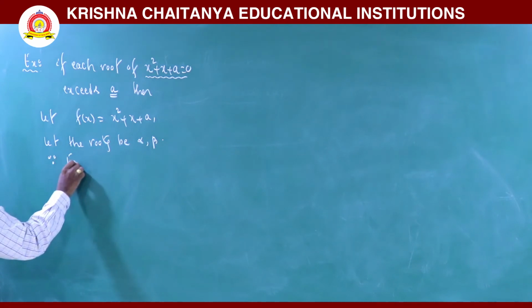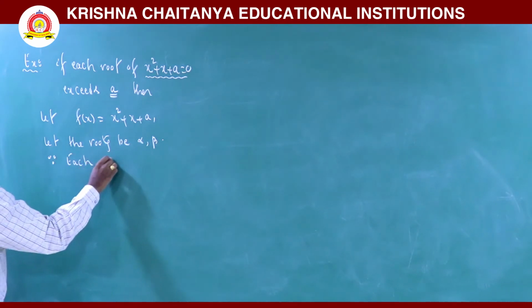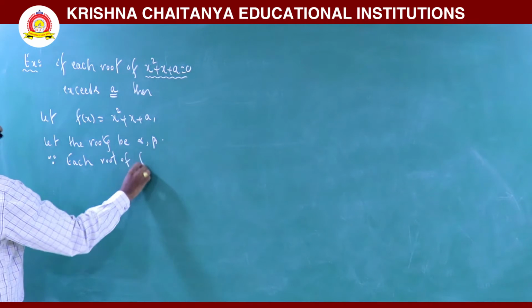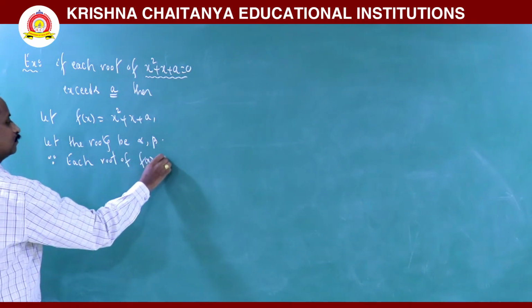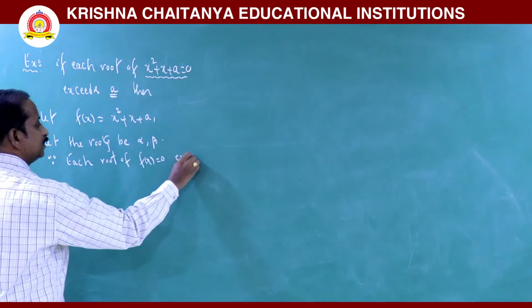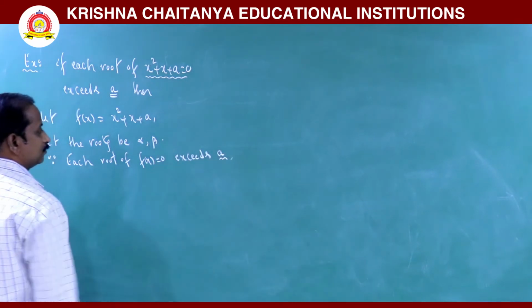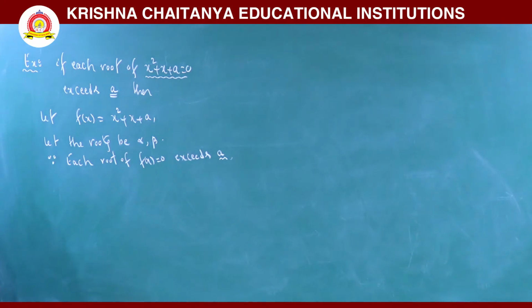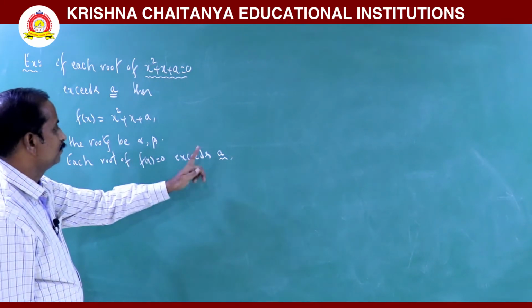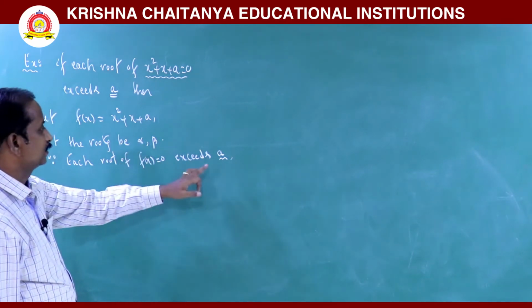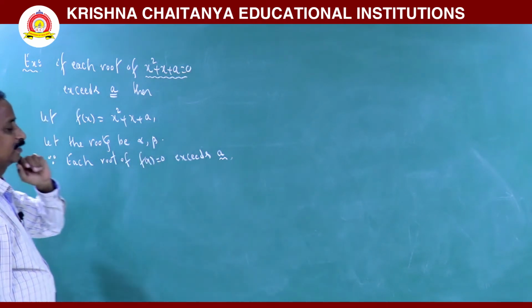Each root of f of x equal to 0 exceeds small a, means indirectly alpha is greater than a, beta also is greater than a.